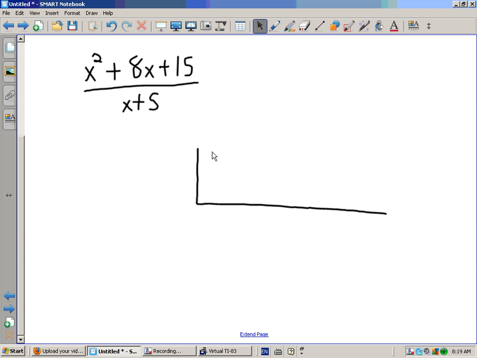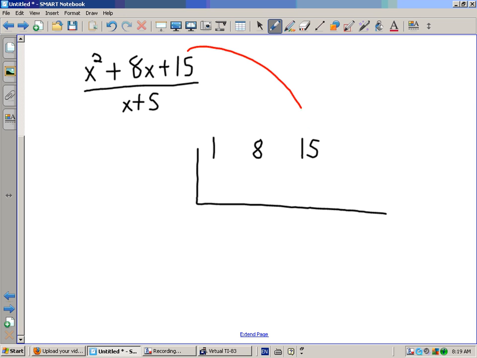First, in the top row, I'm going to put the coefficients of the polynomial that I'm dividing. So I'm going to ditch all the x's, and I'm going to have 1, which is the coefficient from my x squared term. I'm going to have 8, which is the coefficient from my x term. And I'm going to have 15, which is my constant term.